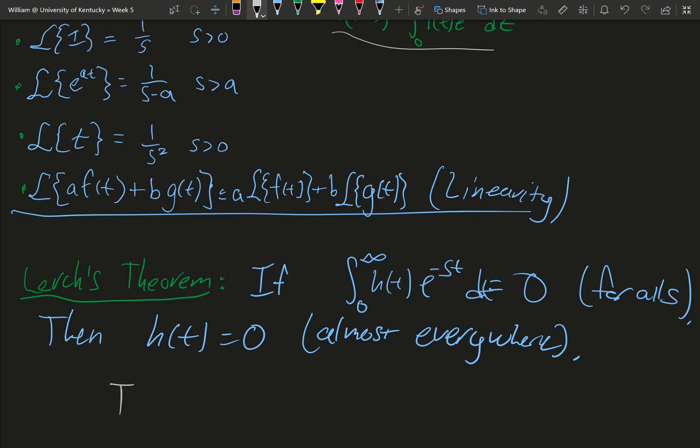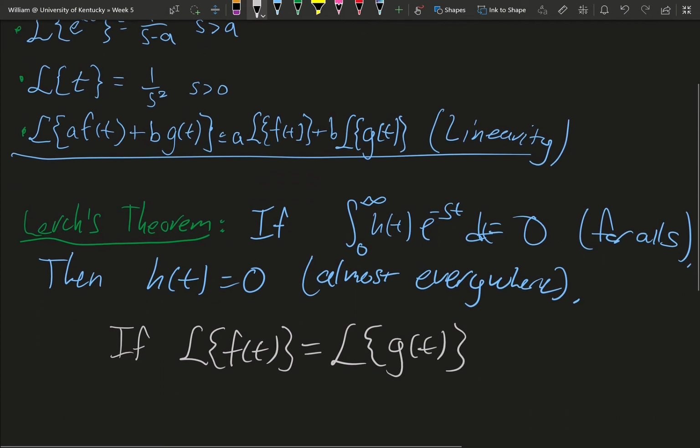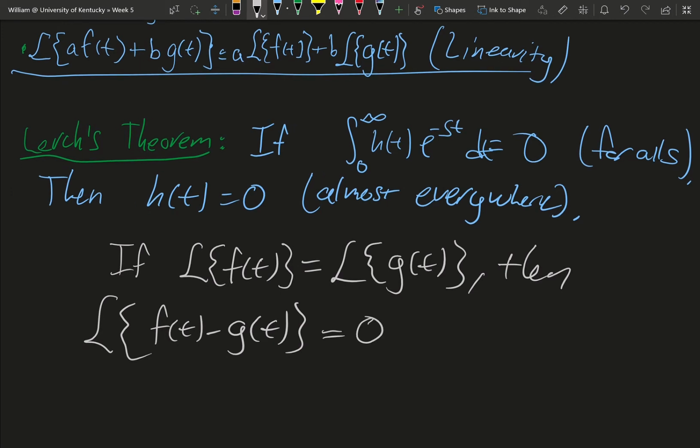Well, if I have two functions that have the same Laplace transform, and I take the Laplace transform of the difference, this has to be 0, because I would just get the Laplace transform of f minus the Laplace transform of g.